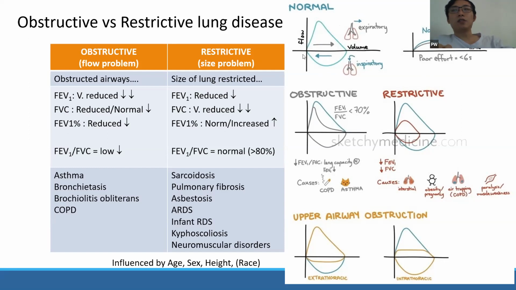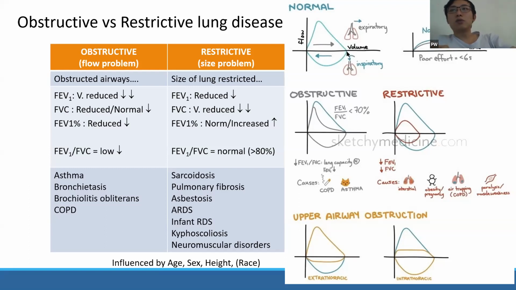In a flow volume loop, the y-axis is flow and the x-axis is volume. What you're measuring is expiratory flow, in terms of how fast you can blow air out. This upwards part is how fast you can blow air out. Initially you can blow air out really quickly until you hit your peak, and then it slowly goes down in terms of how fast you're expiring air.